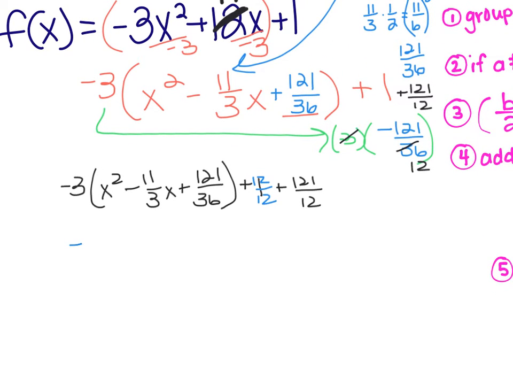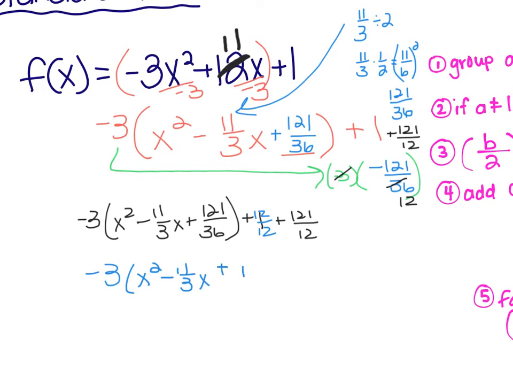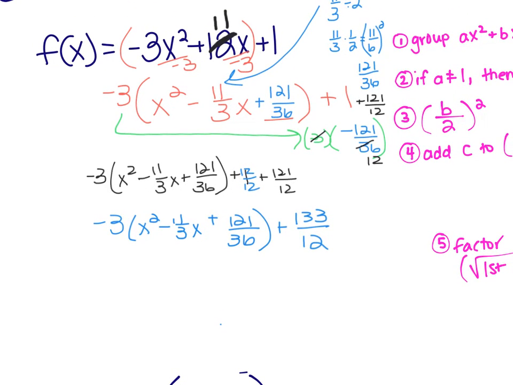And now I've got -3x squared minus 11/3x plus 121/36 plus 133/12. Now my whole goal with complete the square was to make what's inside the parentheses a perfect square trinomial so I can factor it to get that into standard form.